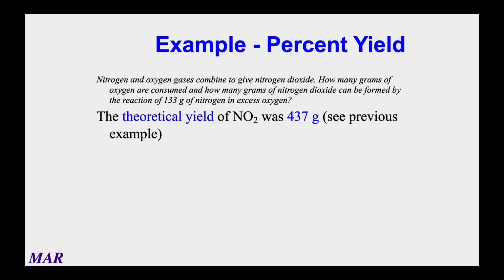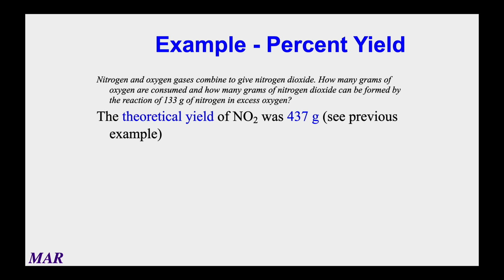So let's say that you're back to the original reaction we looked at earlier, where we had 133 grams of N2. And we calculated that the theoretical yield of NO2, which is how much NO2 we should get out, was 437 grams. Cool. So again, that 437 grams, that was a grams to moles to moles to grams conversion.